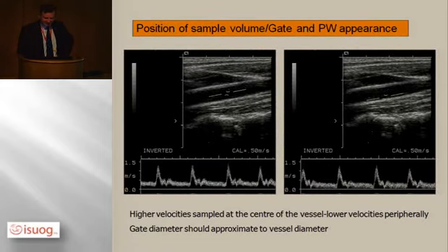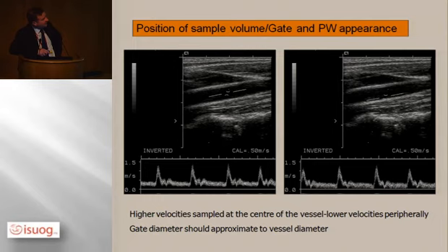Let's move a little bit to gate. Now, high velocities are in the center of the vessel. So if you use a very, very small gate and it's in the center of the vessel, you will overestimate the high velocity component of a waveform. If you increase the gate size, you will then see all the velocities in the waveform. And you can see here, with the very small gate size in the middle of the vessel, you've lost a lot of the lower velocities.